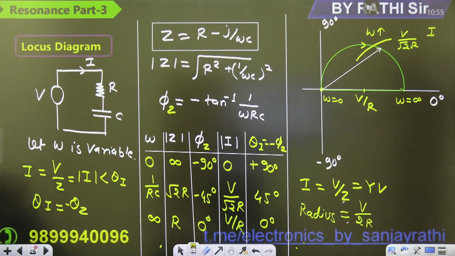So in first case I have taken R variable, in second case I have taken omega variable. We have plotted the curve for I or admittance. Just our observation, I and admittance have the same type of locus diagram. Then we are getting the semicircle. What is the radius of the semicircle?